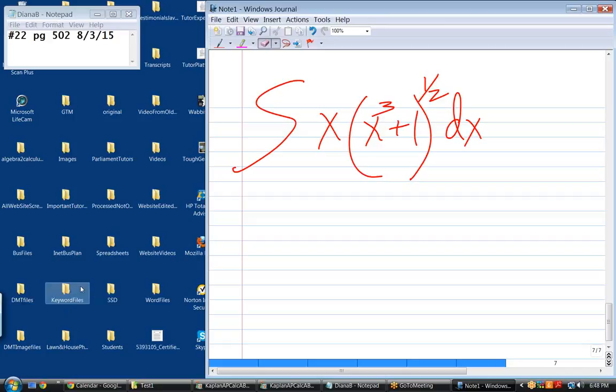It may take me 117 lines on the paper to do it, but I can do it. Whereas integration, all I got to do is make this thing slightly more complicated, and I don't know how to integrate this. So it's a whole new story.